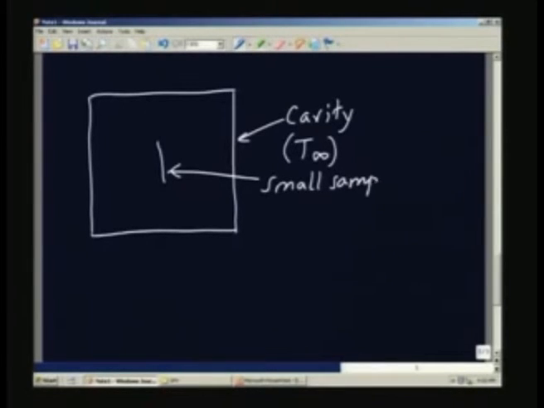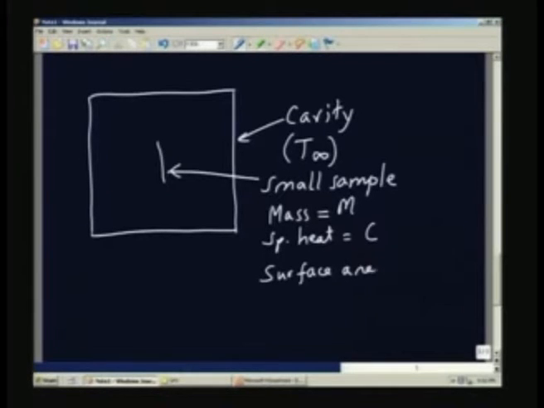This sample has got a certain mass, then a specific heat, we will call it C, and a surface area, we will call it S.